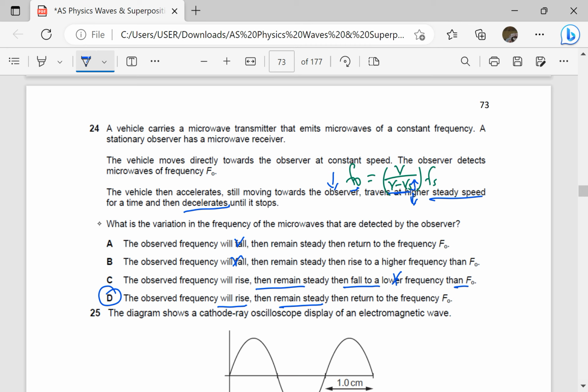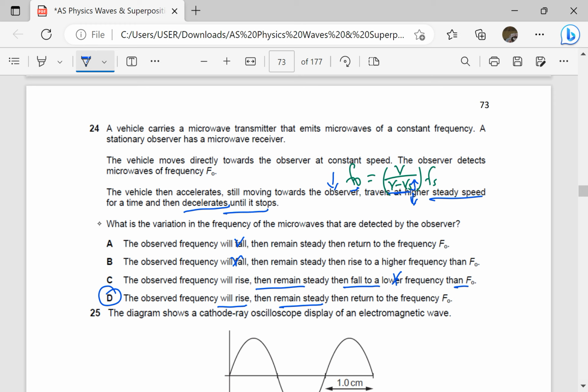Let me see. The vehicle moves directly towards the observer at a constant speed. The observer detects microwaves of frequency f0. The vehicle then accelerates, still moving towards the observer, then travels at a higher steady speed for a time, and then decelerates until it stops.